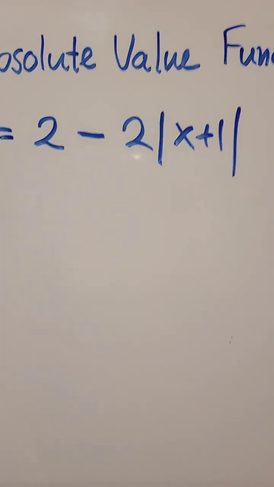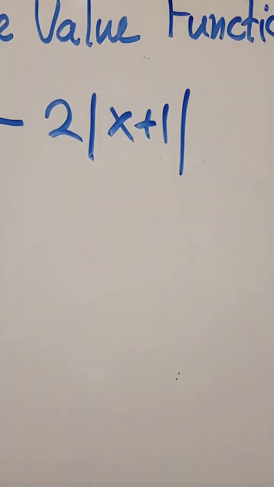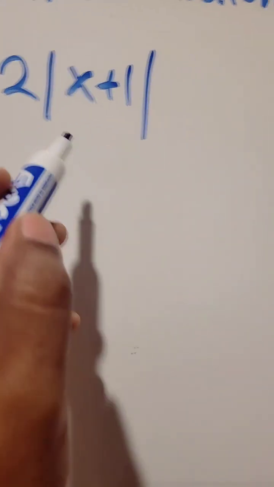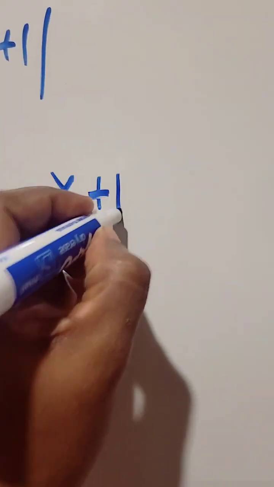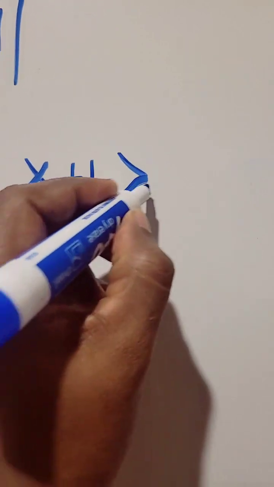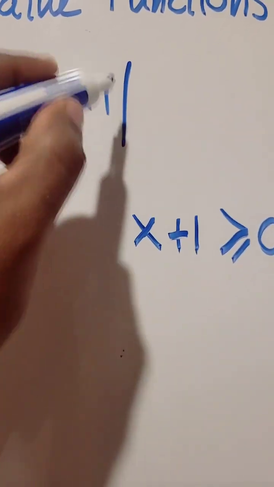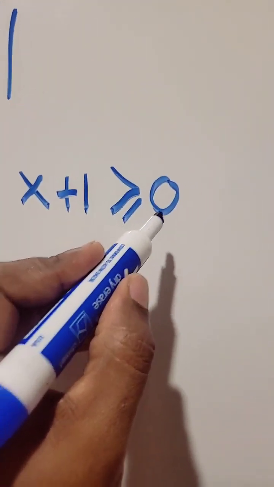So first, I'm going to look at this one. So absolute value, okay? So I'm going to first write y equals, and then as you can see, when x plus 1 is greater than or equal to 0. So that's whatever is inside the absolute value is greater than or equal to 0.